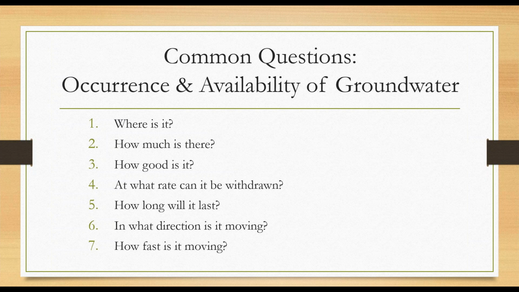To answer this, you may collect data and use it to build a potentiometric surface map, to assess groundwater flow, and create a model for groundwater flow. And finally, another common question is how fast is the water moving? What's the hydraulic conductivity, or the volume of water that moves through my system over a certain time and under a hydraulic gradient?